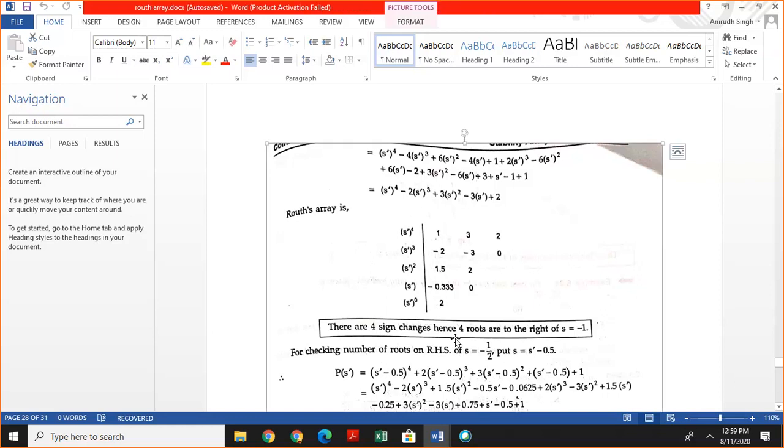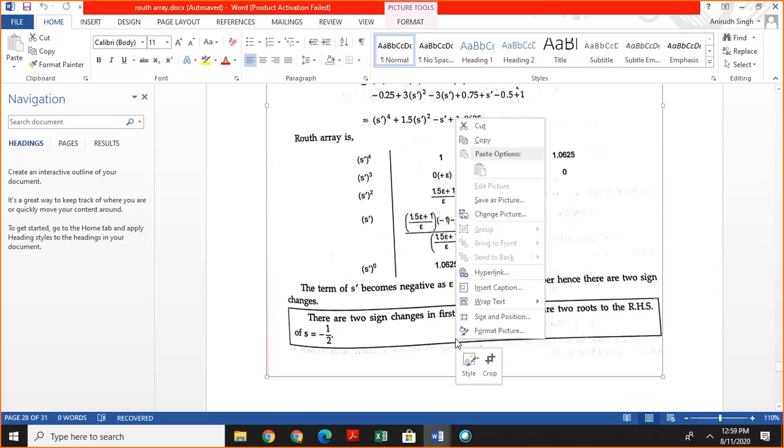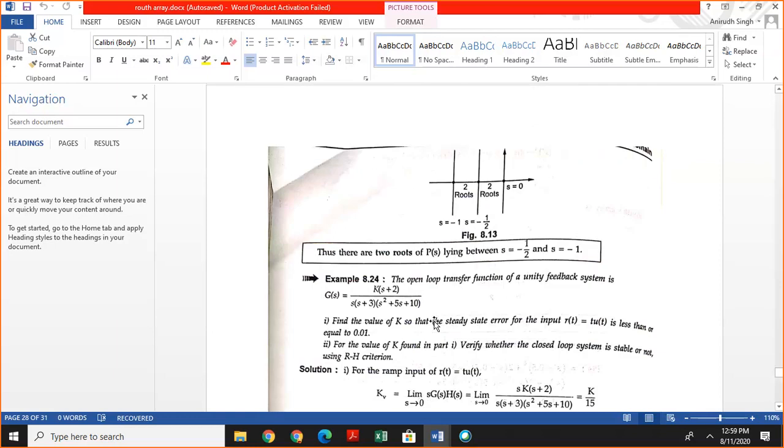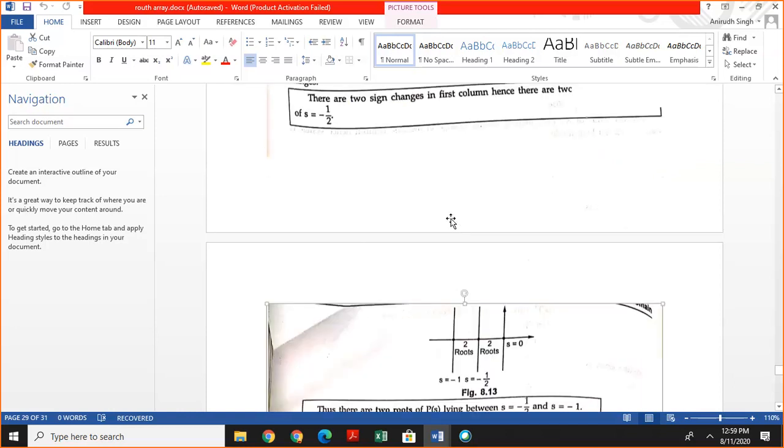It means that 4 roots are to the right of s is equal to minus 1. From this line, there are 4 roots to the right half.